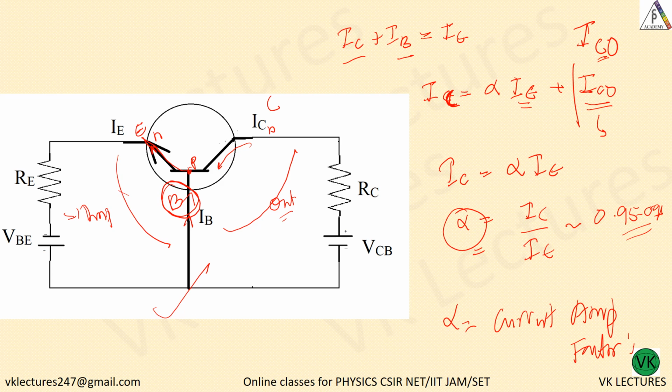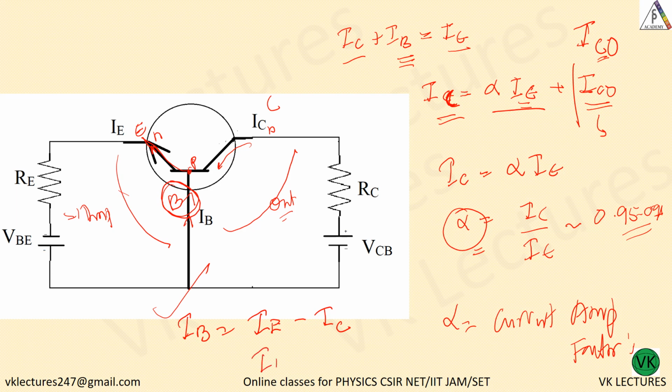Now from this you can find out IB also. What is IB? IB is equal to IE minus IC. Now what is IC? Alpha times IE.